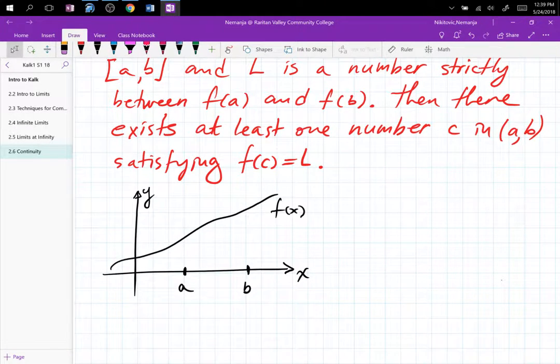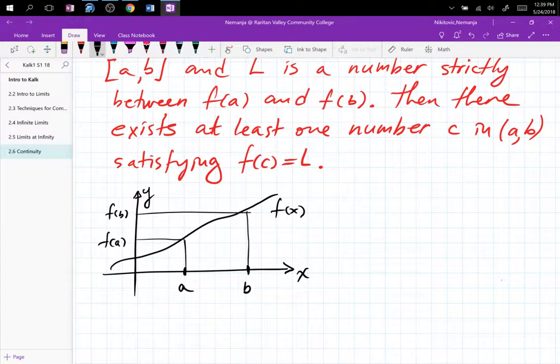Now, that interval AB on the x-axis is going to create immediately f of a when you compute a in the function, and f of b when you compute b.